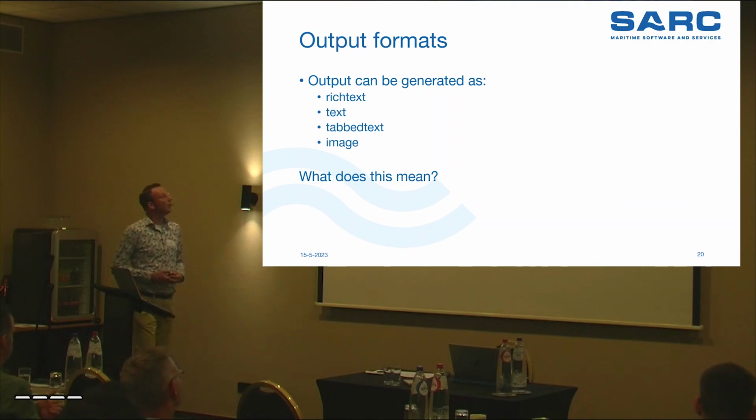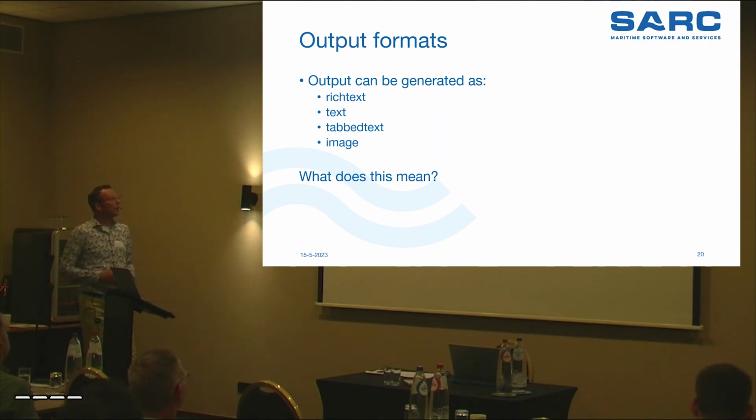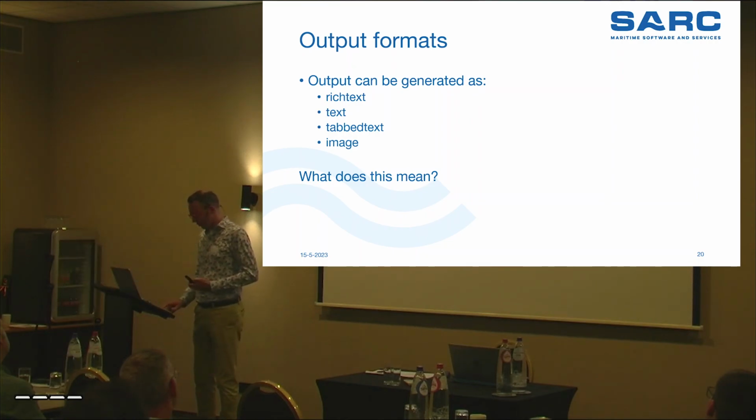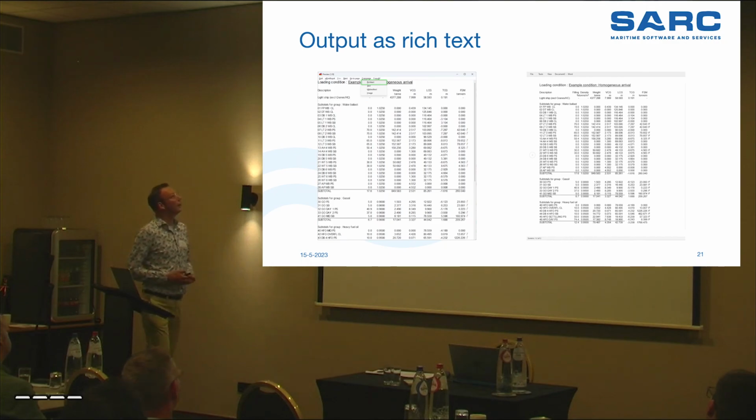Another tip is the different types of output PIAS generates for the calculations, and these 4 are looking very nicely: rich text, text, tab text, and image. But what does it mean? Well, for example, we start with the first, rich text. One can select the kind of output here on copy page.